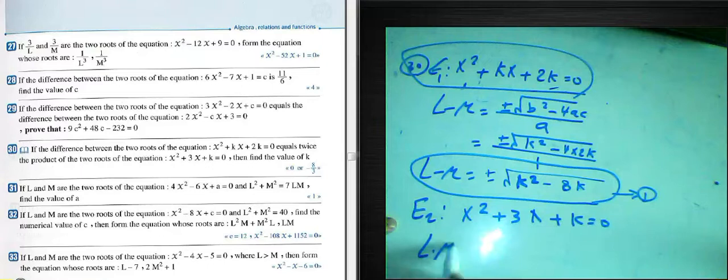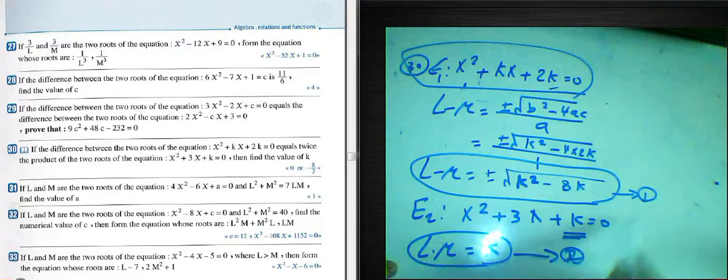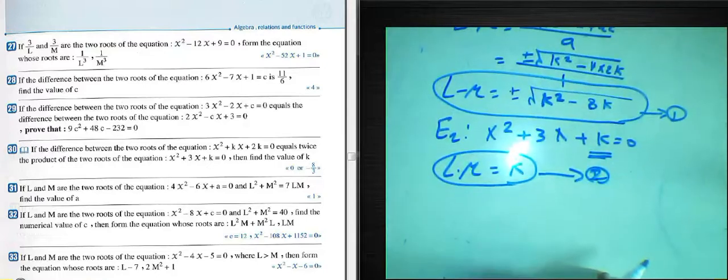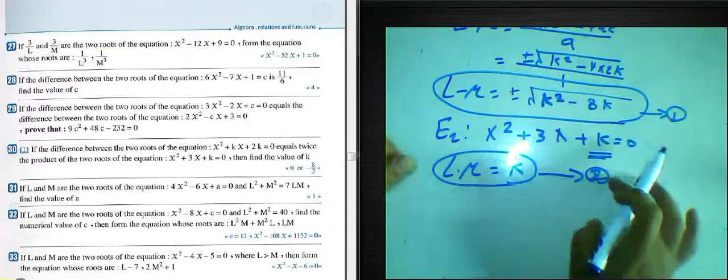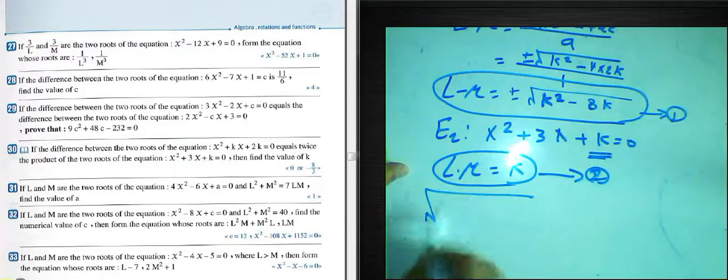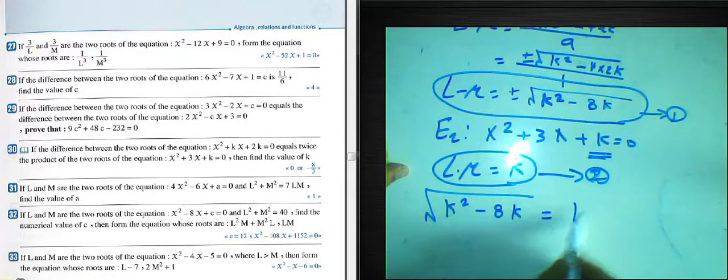We know L product M here equal k. We want to find the product, so from relation 1 and relation 2 we will write twice relation 2: first equals twice second. So k power 2 subtract 8k equal k, and write twice again.